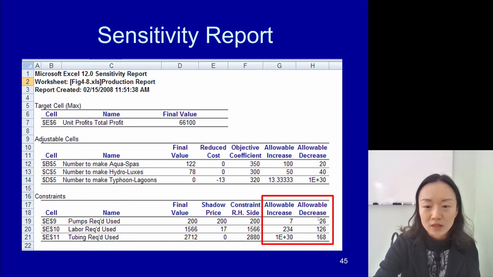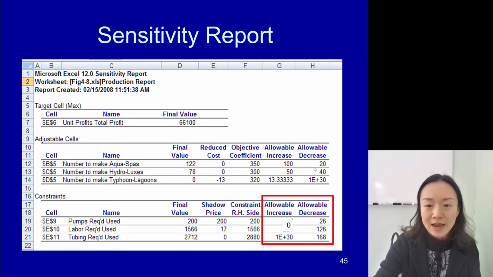We'll need to look at the allowable increase and decrease of the constraints. If we see a 0 appearing anywhere in these 2 columns, then the problem is degenerate. Then the method that we use to detect the alternate solution will no longer hold.